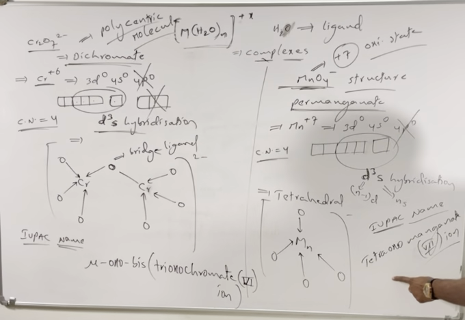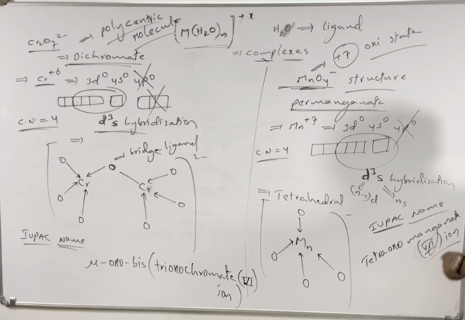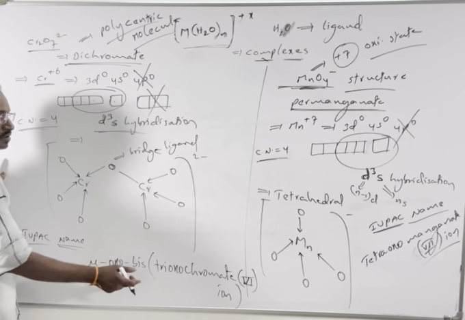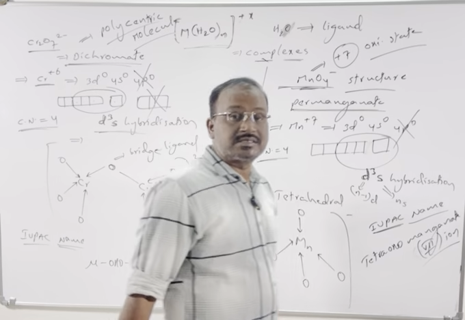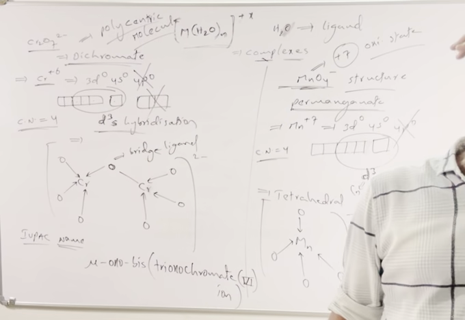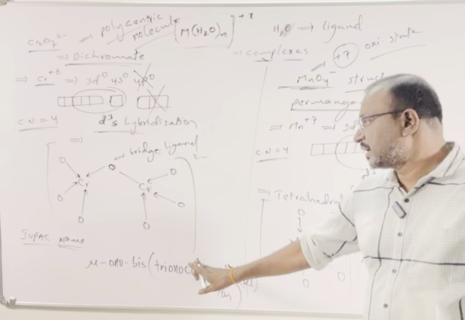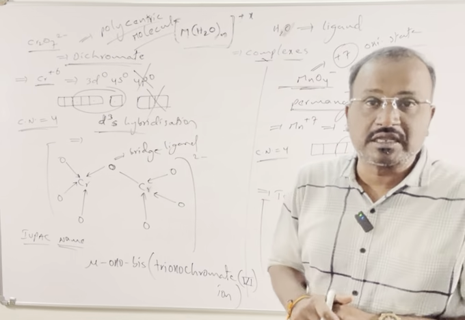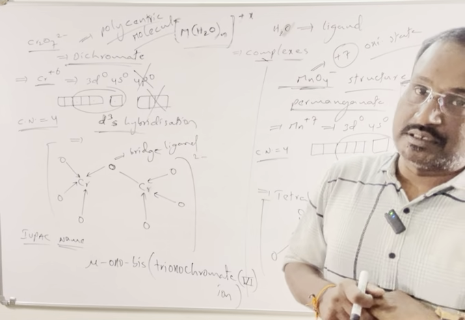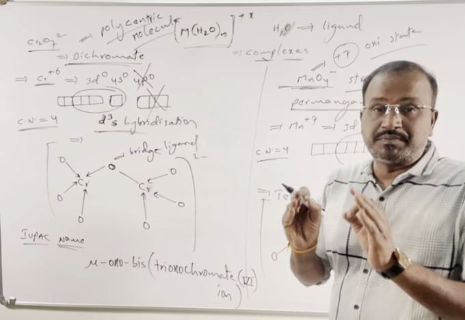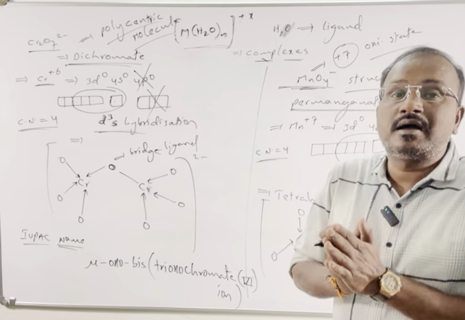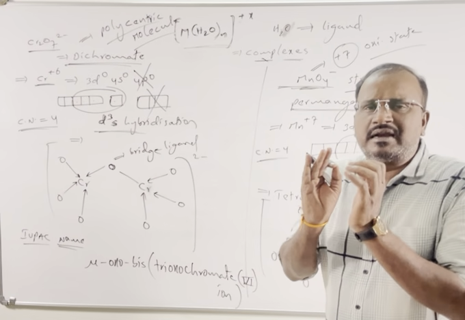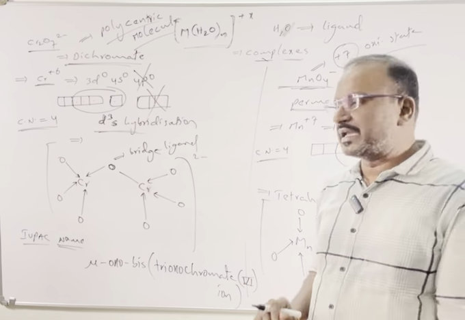The actual IUPAC name for MnO4- is tetraoxomanganate(VII) ion, and the IUPAC name of dichromate is mu-oxo-bis(trioxochromate)(VI), with the oxidation state as a Roman numeral in parentheses. So I wrote the MnO4- ion structure and the Cr2O7 2- ion structure. According to valence bond theory, they are not simple examples, not easy examples, not normal conventional examples. So please be careful.